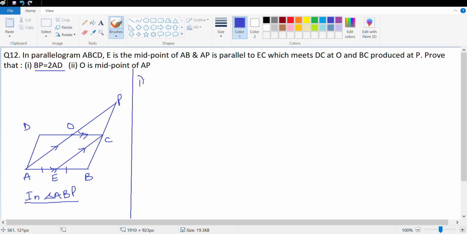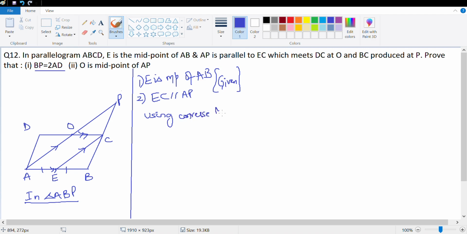Number one, E is midpoint of AB, and number two, EC is parallel to AP. Both of these are given, which means using the converse midpoint theorem, let's see what I get.